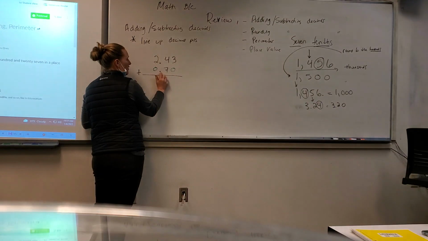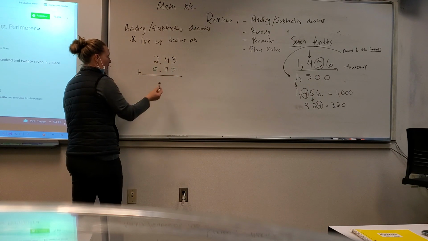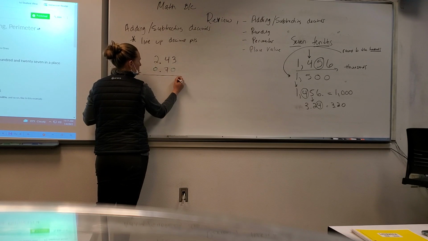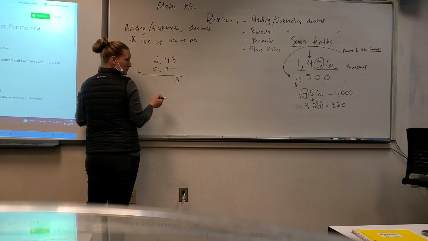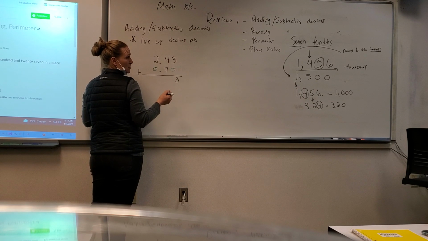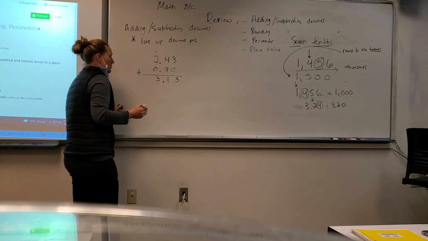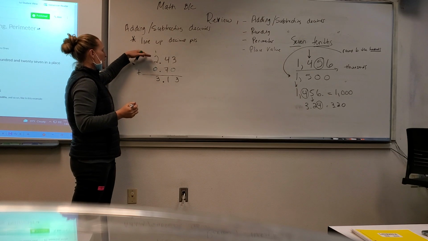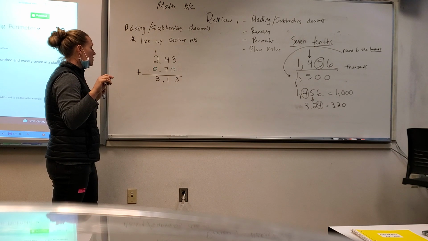If I only have 0.7, I have to line up my decimal points, and then I can add straight down. 3 plus 0 is 3, 7 plus 4 is 11. Good, carry the 1. And my decimal point comes straight down. So the key here is lining up decimal points, and then you can fill the rest in with zeros.